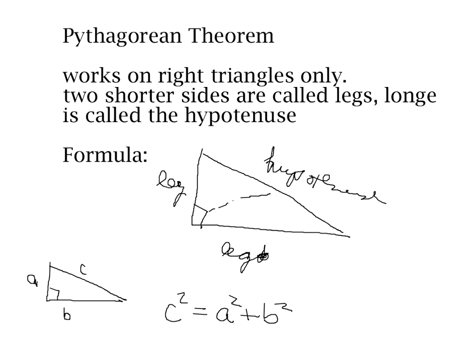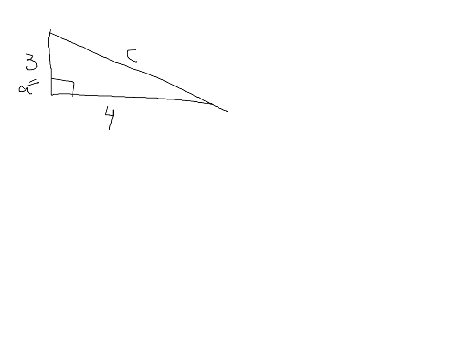So, as an example, if I had a triangle whose legs are 3 and 4, and I wanted to find the length of the hypotenuse, I could call this side A and this one B. So A squared plus B squared would be 3 squared plus 4 squared.